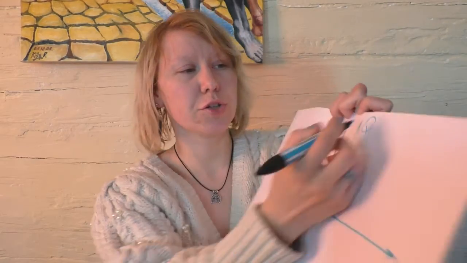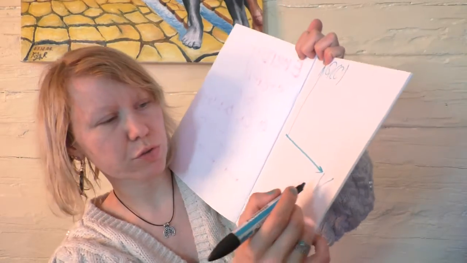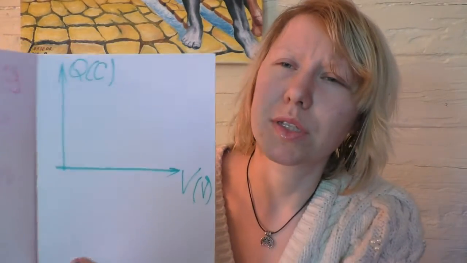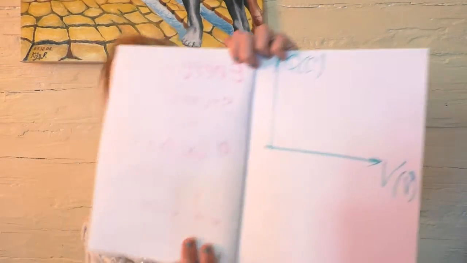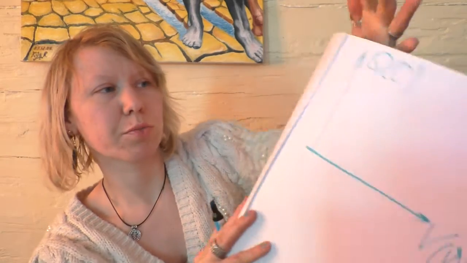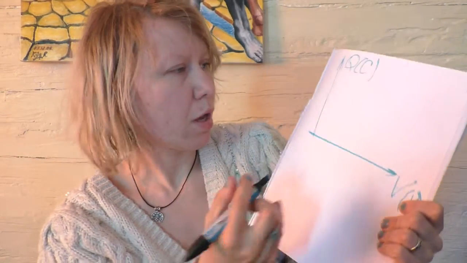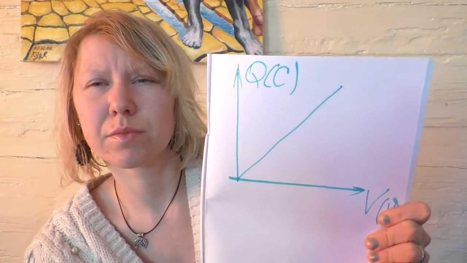Charge is usually counted in coulombs and voltage in volts. For the capacitor we have a linear dependence.